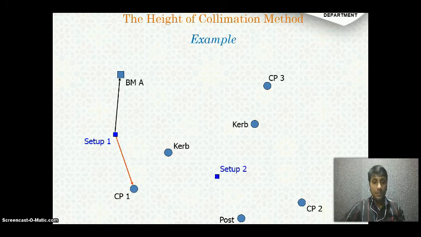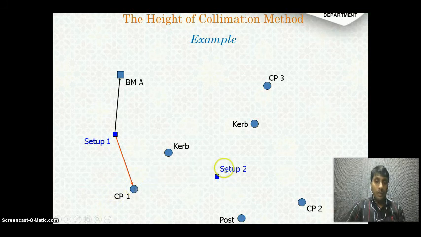Next, see, the instrument has been shifted to setup 2. Now after setting the new instrument station, as I told you, you need to check back again to the change point 1. Now you know the reduced level of change point 1.